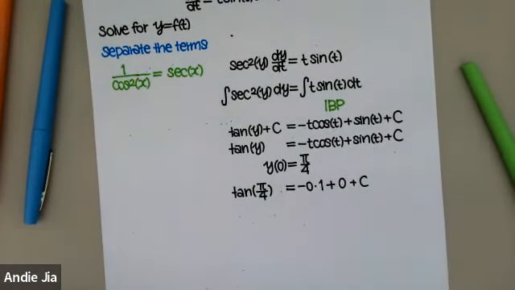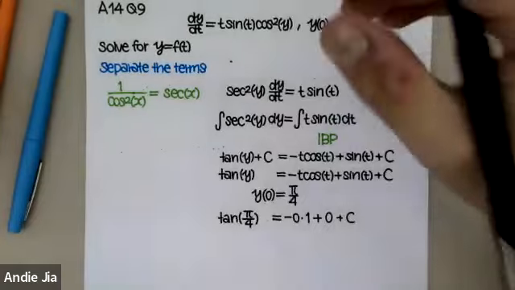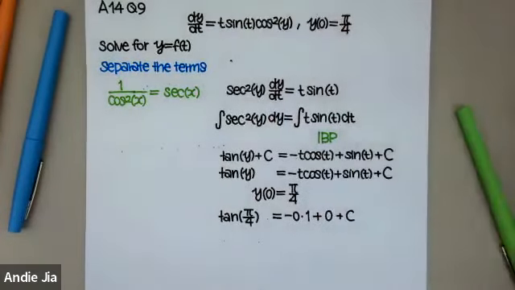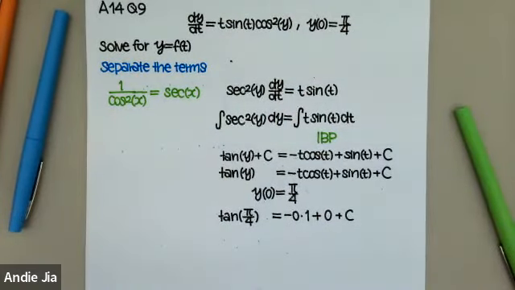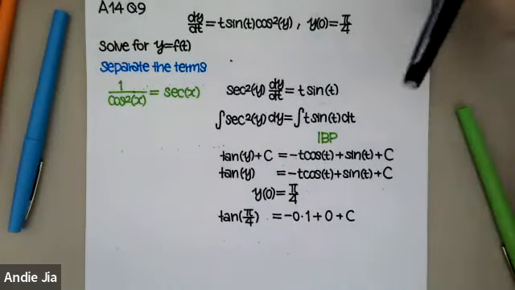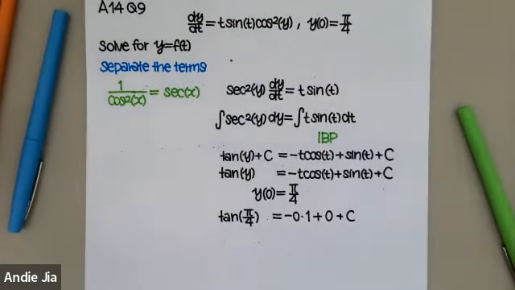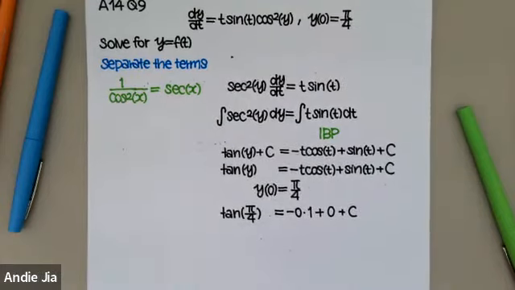We need to find the tangent of pi over 4, which is 1.